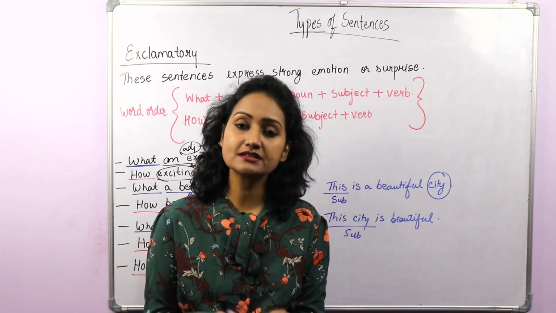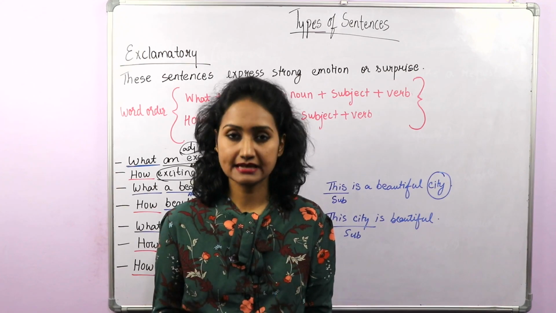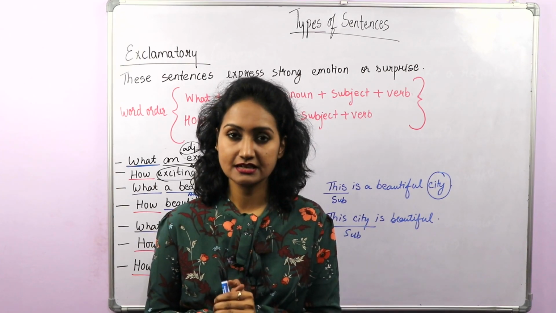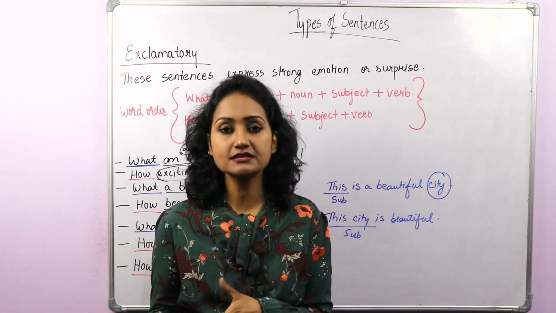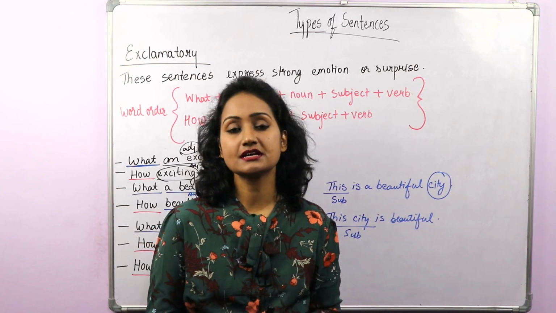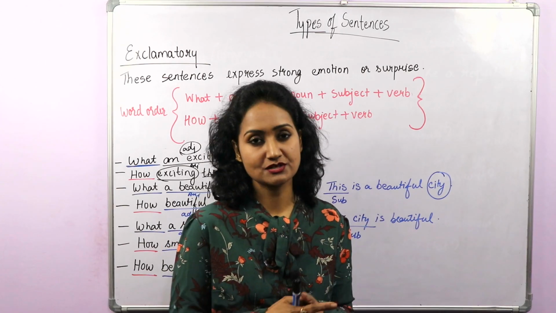All right, sometimes declarative sentences and exclamatory sentences look the same, but the only difference is the punctuation in the end. If a sentence ends with a full stop or a period, then that is called a declarative sentence, and if a sentence ends with an exclamation mark, then that is an exclamatory sentence.